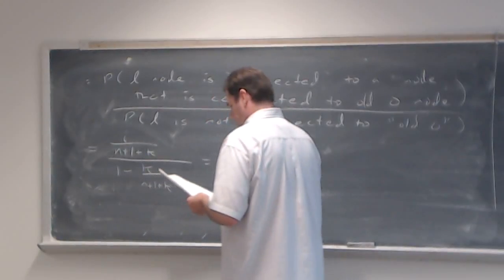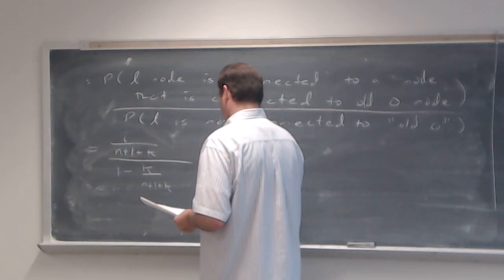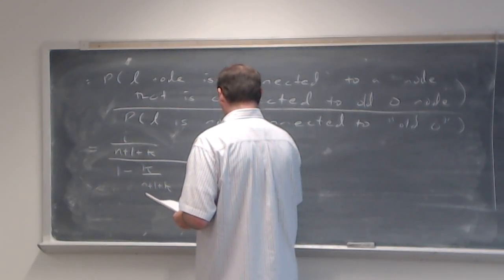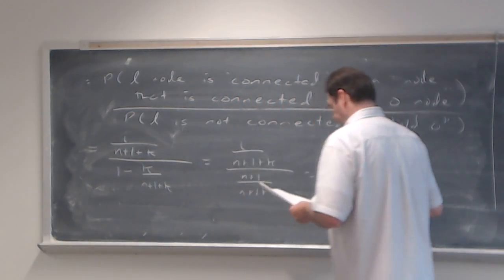That's equal to I over n plus 1 plus k, all over n plus 1 over n plus 1 plus k. So that's equal to I over n plus 1.